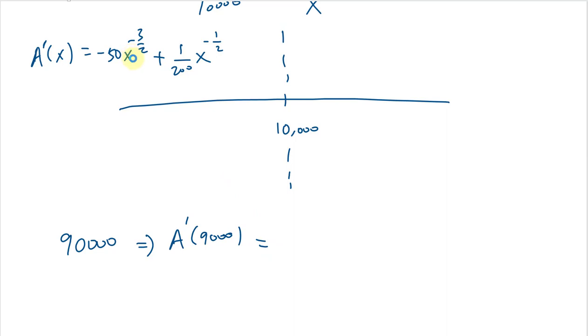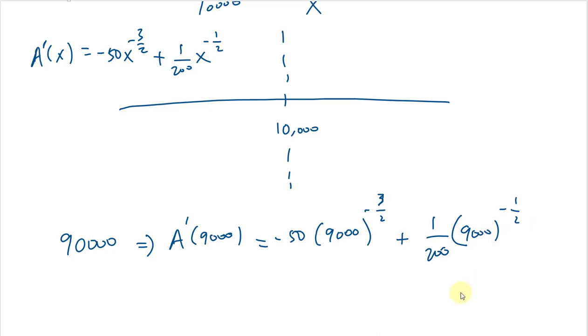So anywhere I see x now becomes 9,000 to the minus 3/2, and then plus, okay, plus 1 over 200 times 9,000 to the minus 1/2.